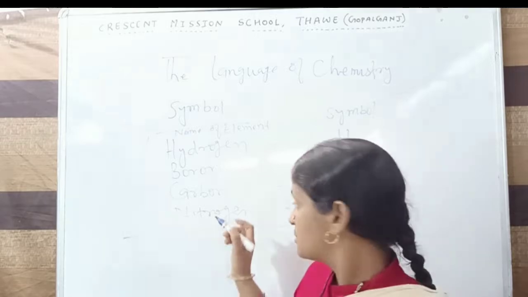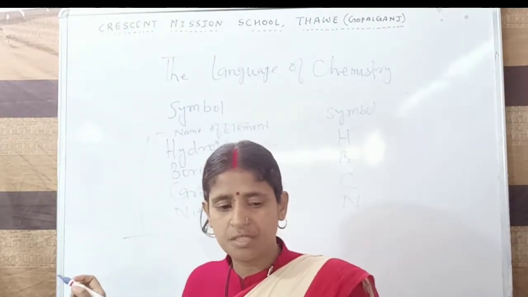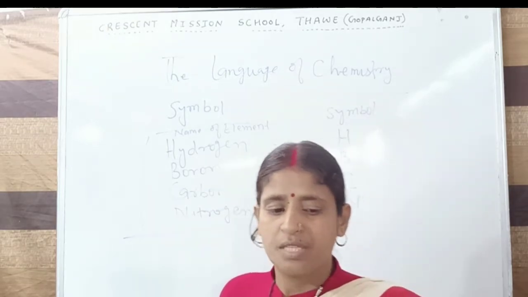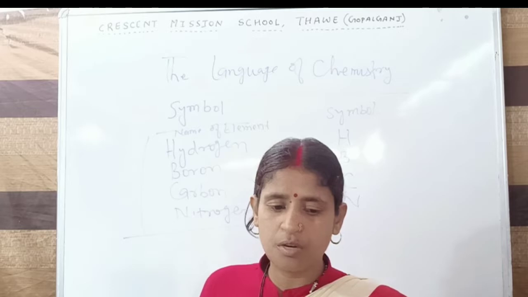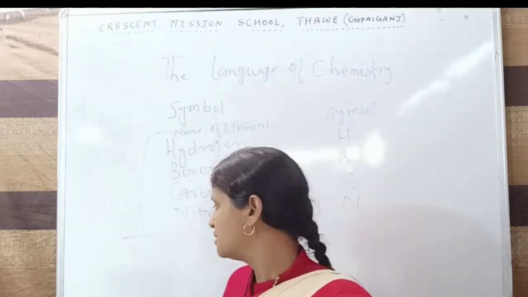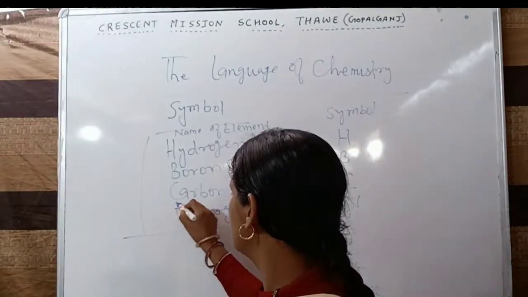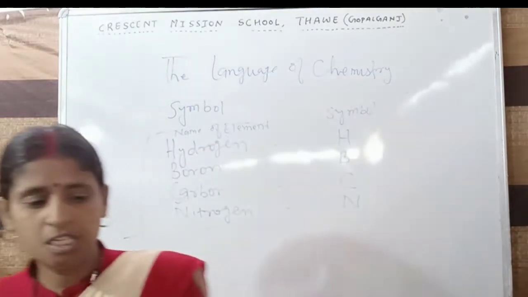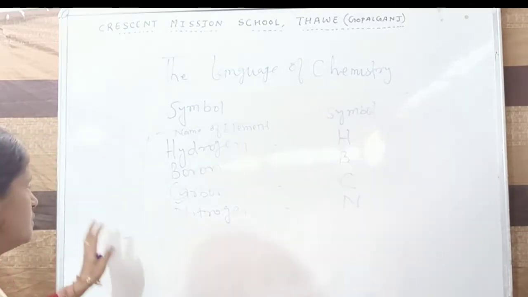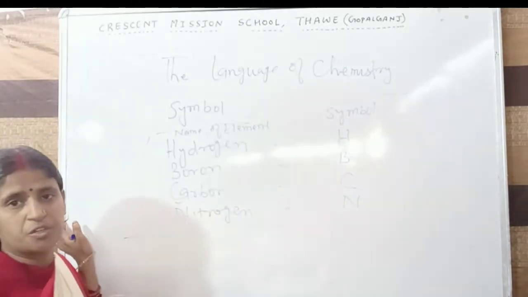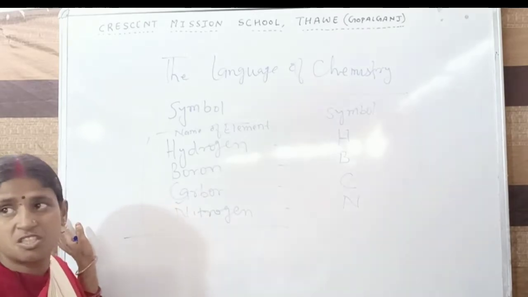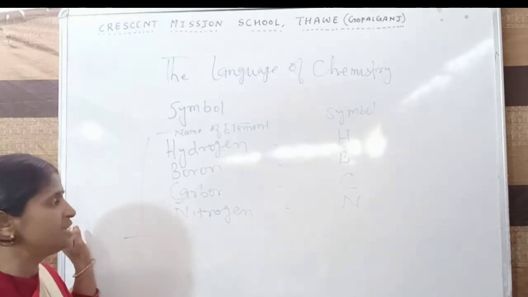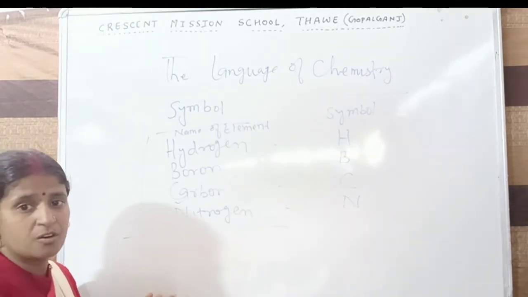Second, the first letter along with one more letter of the English name of an element. This becomes necessary when the names of two or more elements begin with the same letter. We know that the symbol of carbon is C. So whenever we have to denote another element which starts with the letter C, at that time how would we identify whether it is carbon or another element?